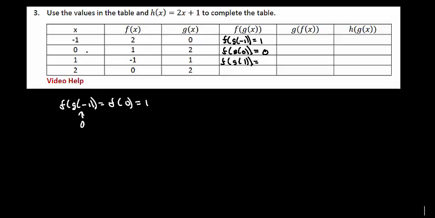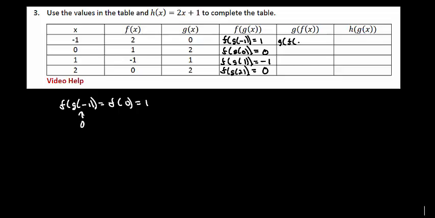So I take 1 and plug it into f, and I get out -1. So far I've got 1, 0, -1. And the last one is f at g of 2. So I take 2 and I plug it into g and I get 2 out. And then I take that 2 and I plug it into f and I get 0 out. That's it. Okay, so let's go on to the next one here.